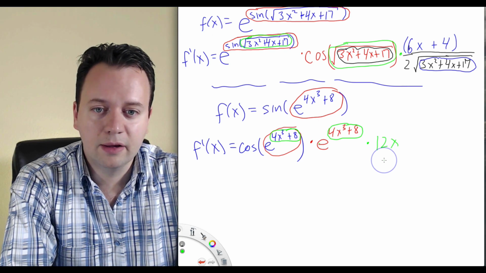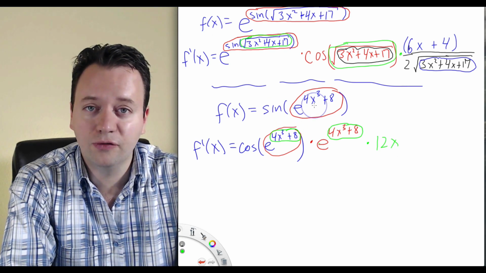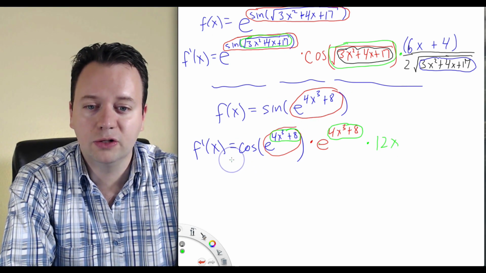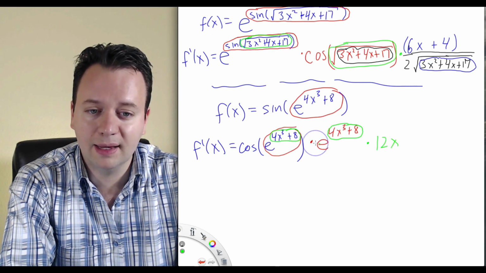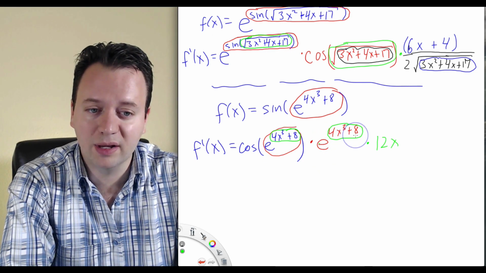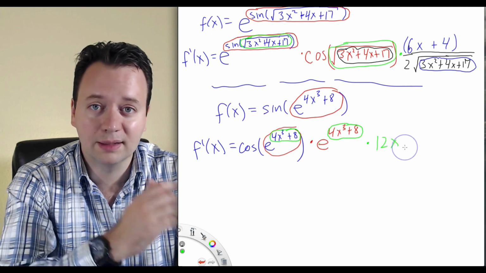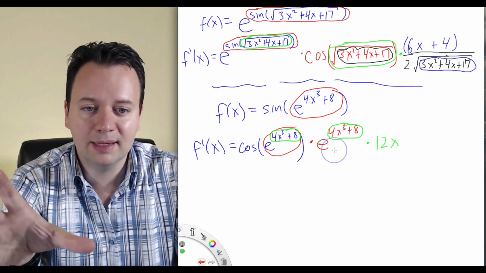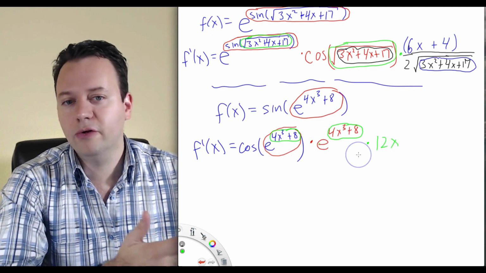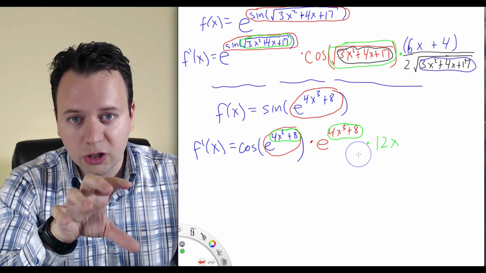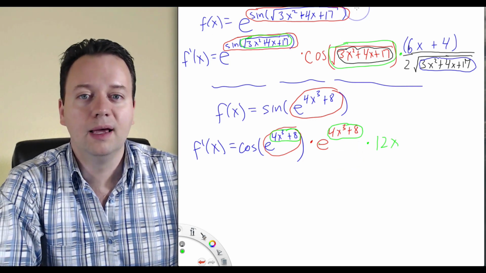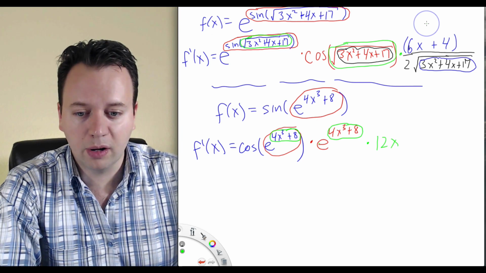And that's it. Derivative of sine of e to the 4x cubed plus 8 is just cosine of e to the 4x cubed plus 8 times e to the 4x cubed plus 8 times 12x. So you see how these get linked together piece by piece. And those are two examples of how you would link the chain rule together multiple times to find the derivative of a more complicated function.